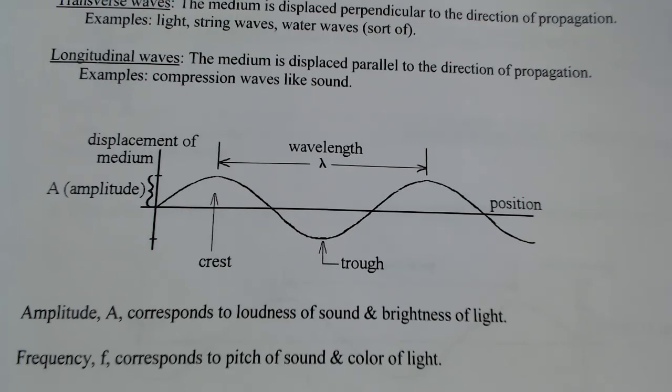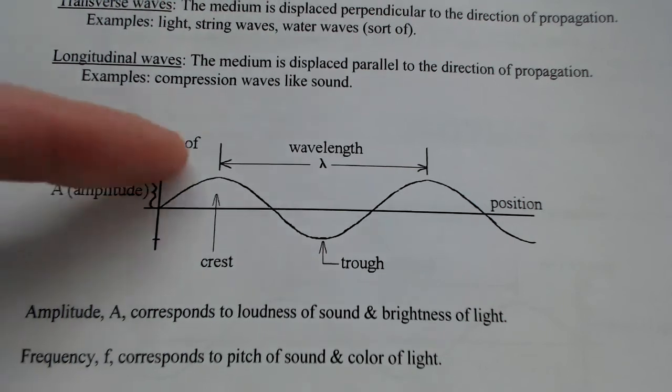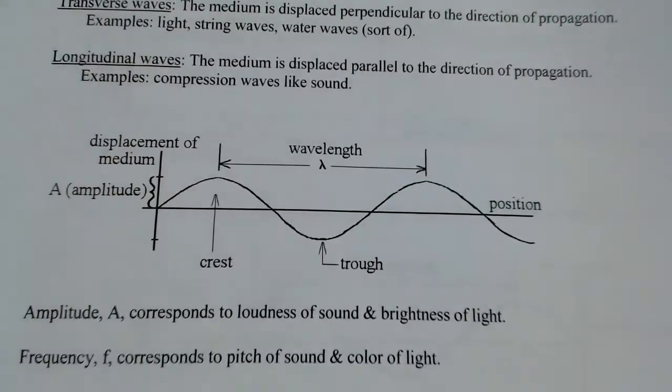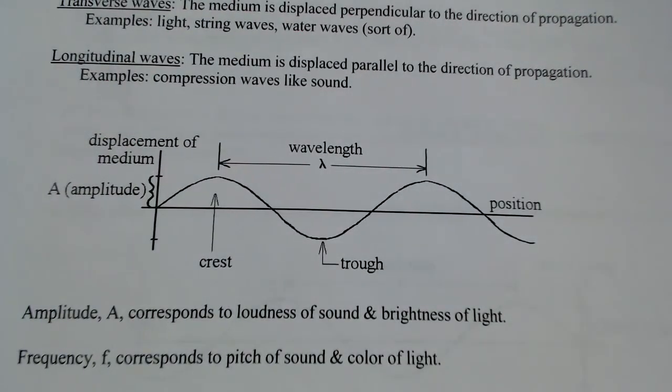If I stand here humming a tone, a note, for a sustained amount of time, the air vibrates back and forth over and over and over again. But if somebody just pops a balloon, you just get a sudden pulse of sound that's not really a periodic repeating thing. But if the wave does cause a repeated vibration, then all of that terminology, the frequency and so forth, carries over.